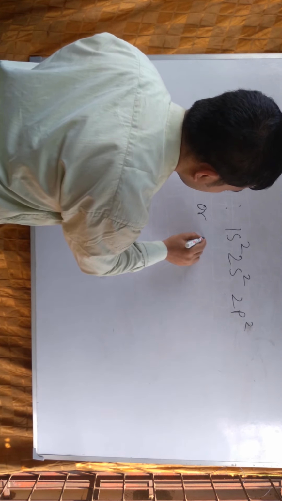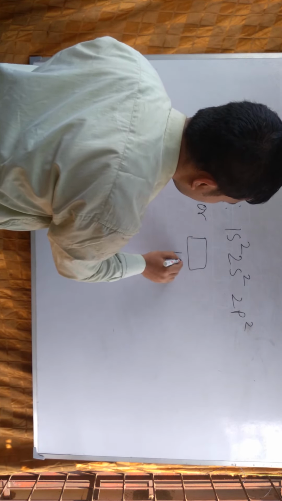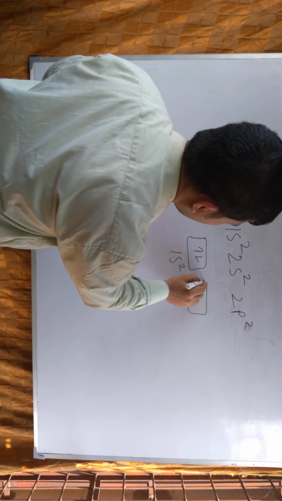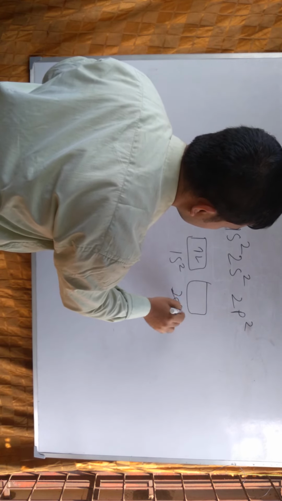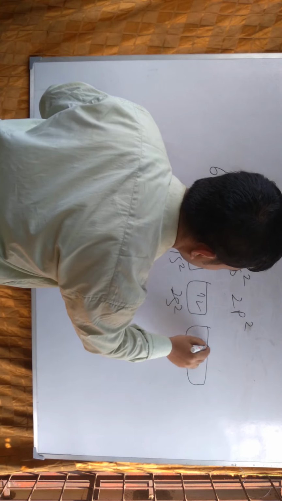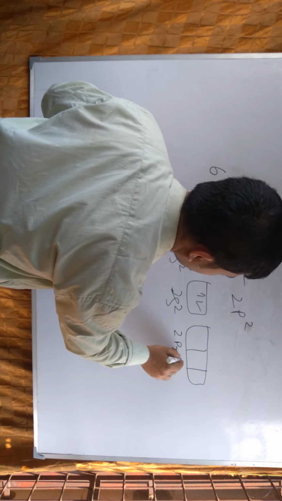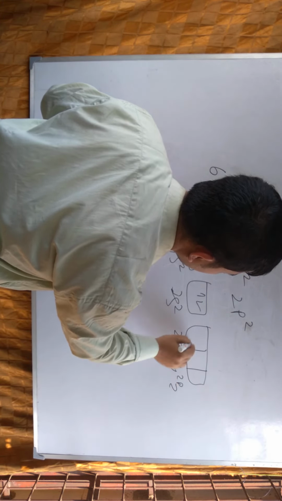Or we can write this electronic configuration using an orbital diagram: 1s2, 2s2, and 2px, 2py and 2pz.